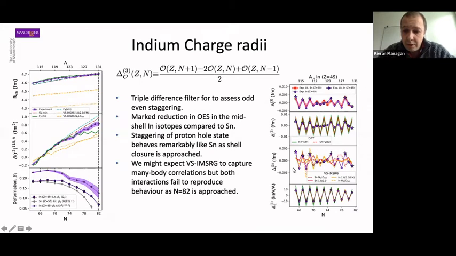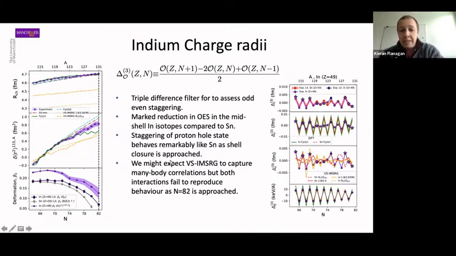And although the IM-SRG calculations do show some evidence, let's say, of reproducing the odd-even staggering in the lighter isotopes, this change as we go towards the N=82 shell closure is not really reproduced that closely.